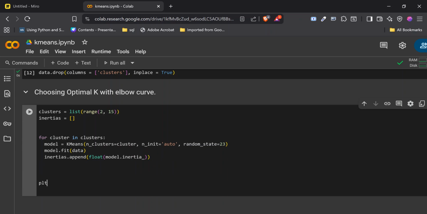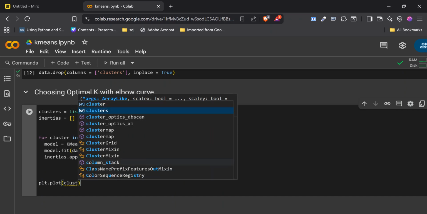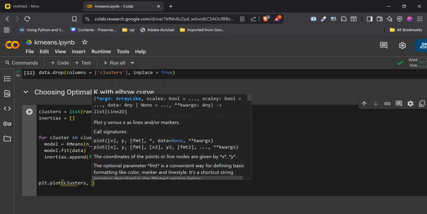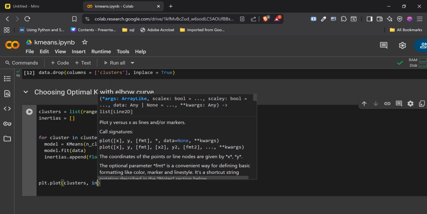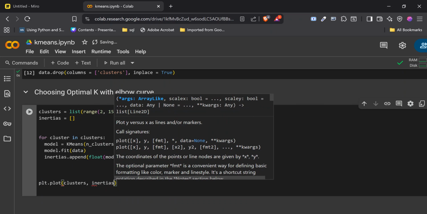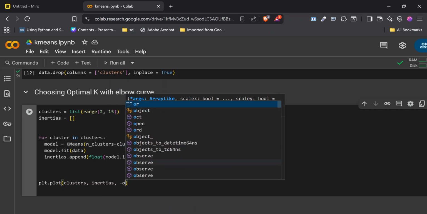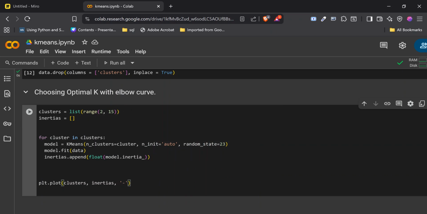Once everything is done, I can just plot a line chart. So I can do plt.plot of clusters versus inertias, and we can join the whole thing together like this.